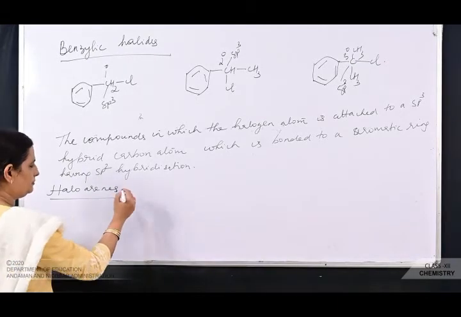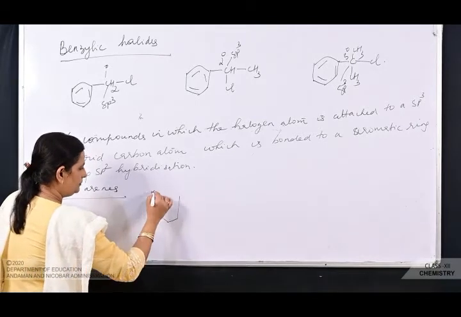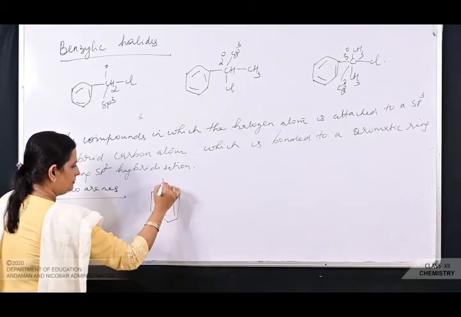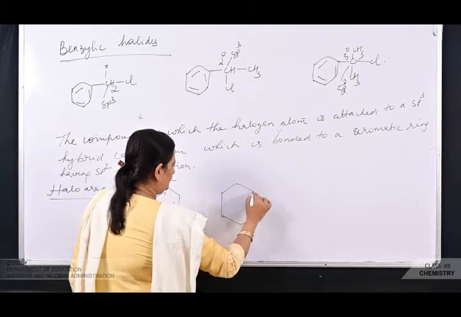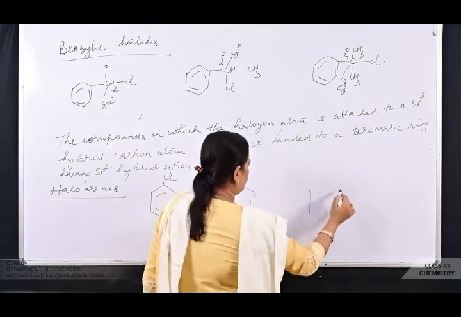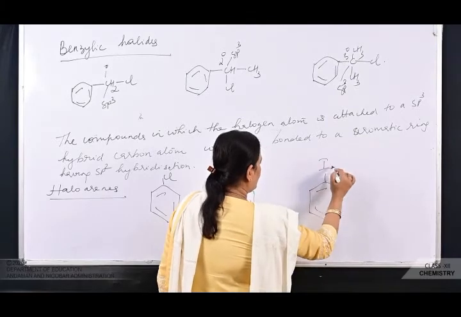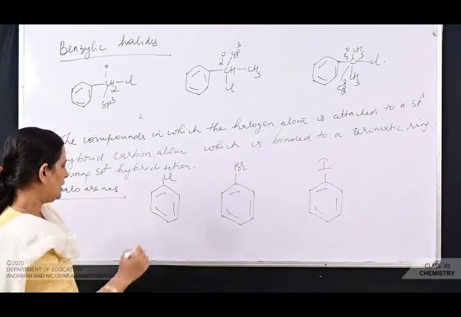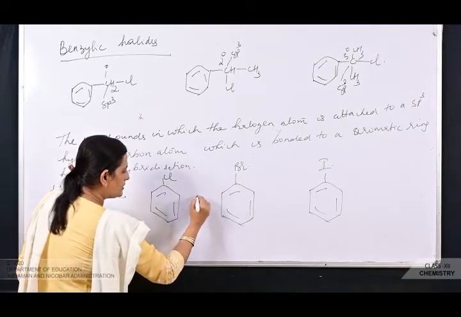Haloarenes. Okay. How will you see here? Chlorobenzene, bromobenzene, iodobenzene. Okay. See, you know the structure of benzene already.